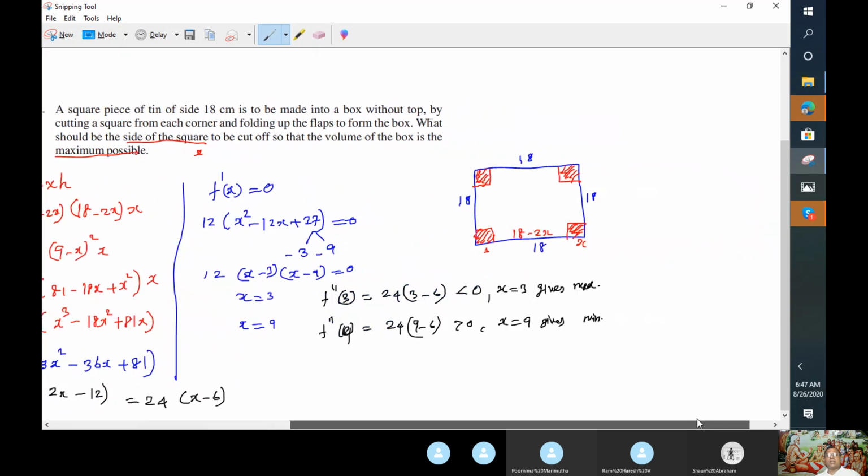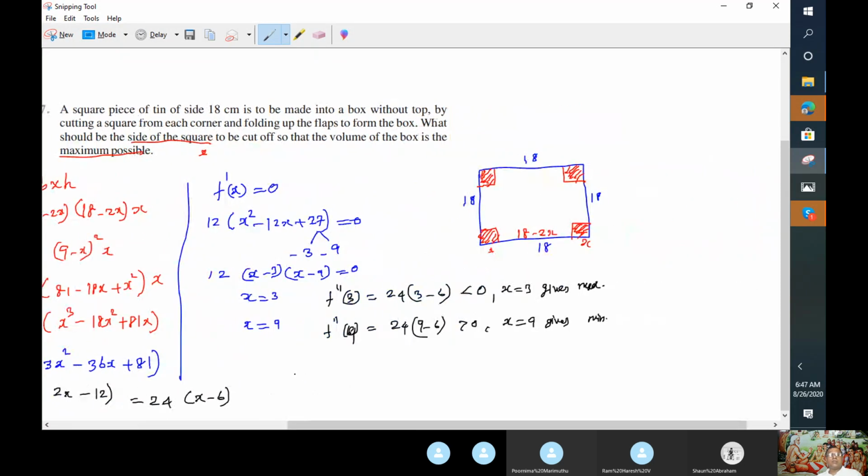So if you want to find maximum volume, what to do? Directly you can go to f of x and substitute x equal to 3. So the maximum volume at x equal to 3, you go with the f of 3. Put 3 in f of x.